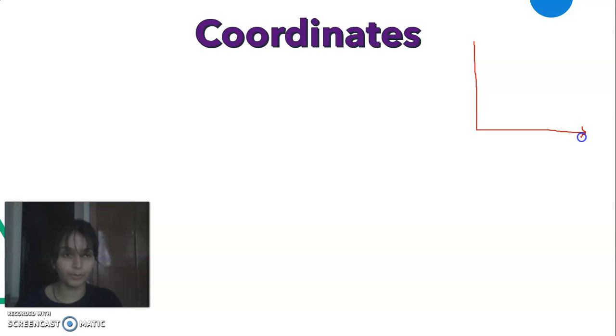Okay, so we have the x-axis over here, and we have the y-axis over here. On the x-axis, our point was 3, so I'm going to write 3. And on the y-axis as well, our point was 3, so I'm going to write 3. Then I'm going to join these 2 lines with the help of dotted lines.